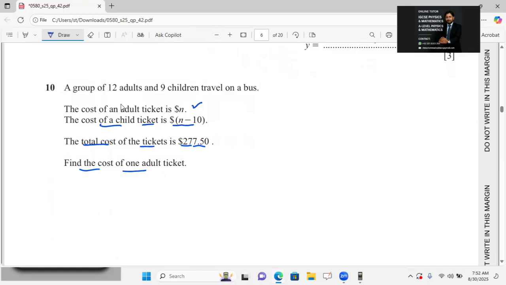So I can say $N is the cost for 12 adults, so 12N, plus should be added with 9 children, and that is N minus 10. Both the sums have been taken as the total cost is equal to 277.50. Let's arrange this.